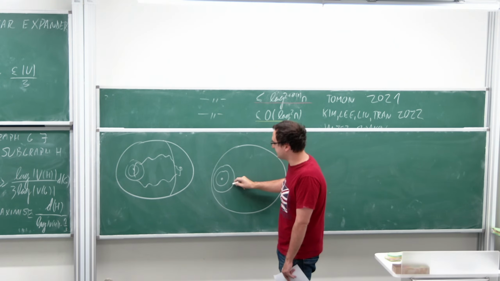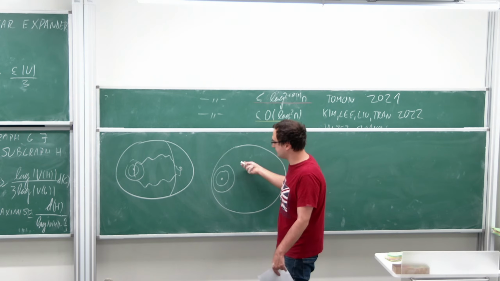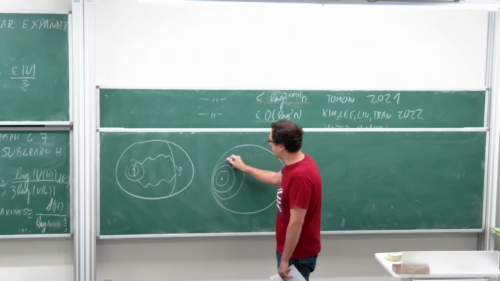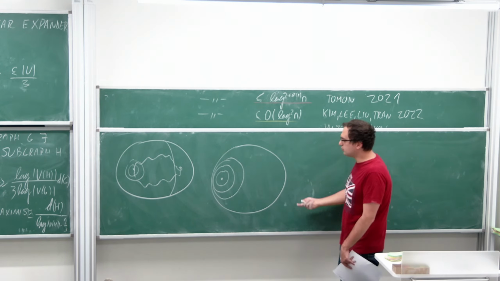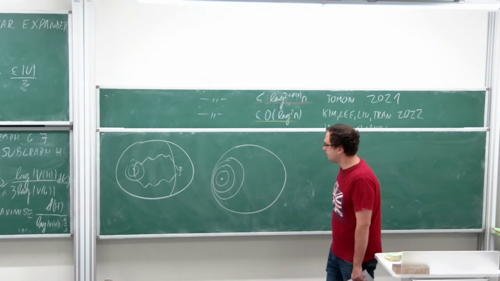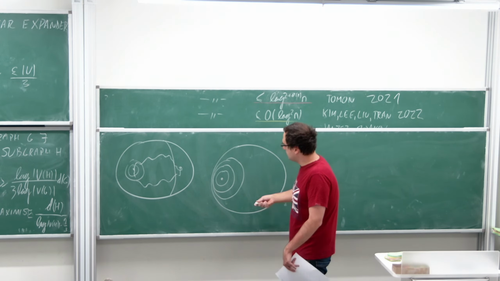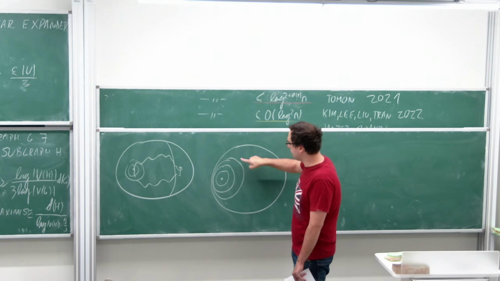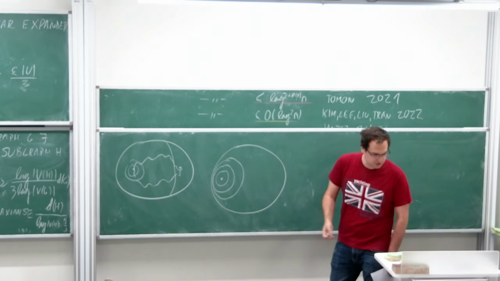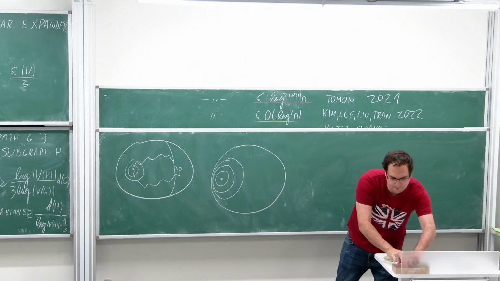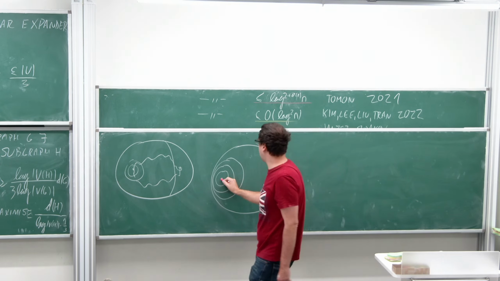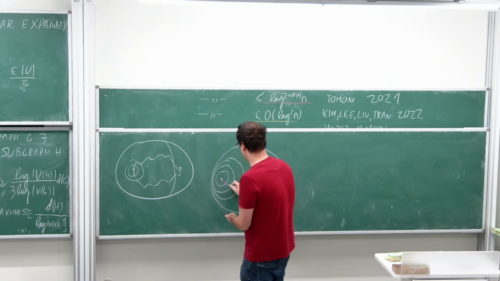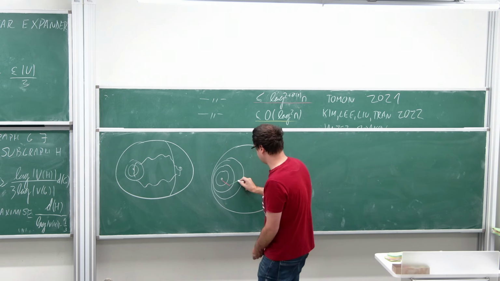Then vertices that I can reach in 2 steps using rainbow paths, 3 steps, and so on. And I want to reach more than half of the graph. At some point you have a set of vertices which are rainbow reachable, so they have some path that was rainbow that reached this vertex.